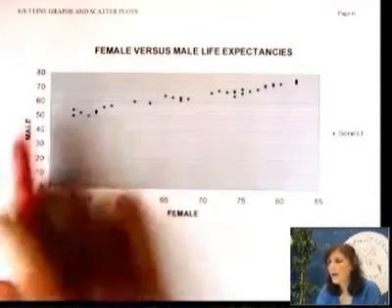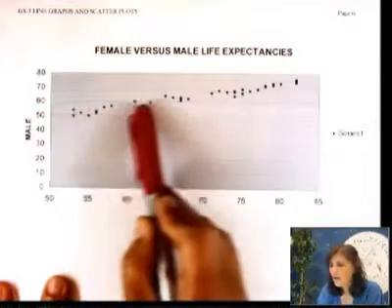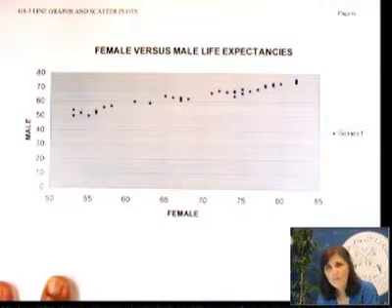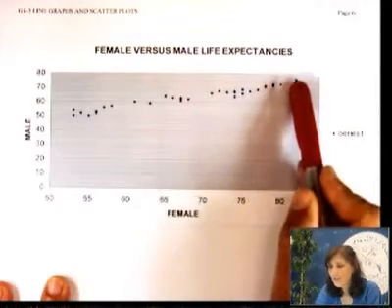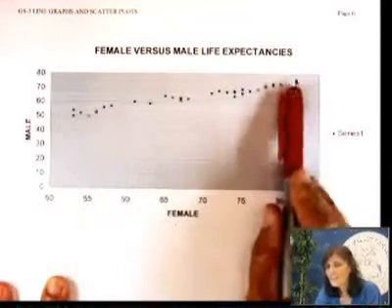This is a scatter plot. I'm not passing judgment, but it is giving me great information. Watch. As the female expectancy rises, the male expectancy rises as well. So in a country where females die at a later age, males also die at a later age.